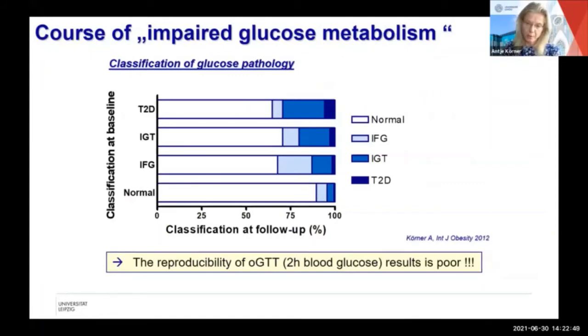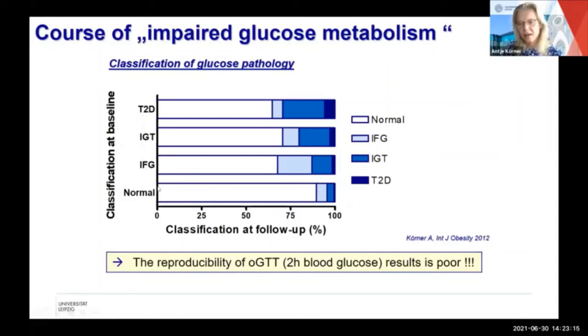If we apply those parameters and just repeat this oral glucose tolerance test half a year or a year later, then you see that based on the 2-hour blood glucose, it's rather poor in reproducibility. So what you see here is the classification of the glucose metabolism being normal, or with impaired fasting glucose, or impaired glucose tolerance, or diabetes.